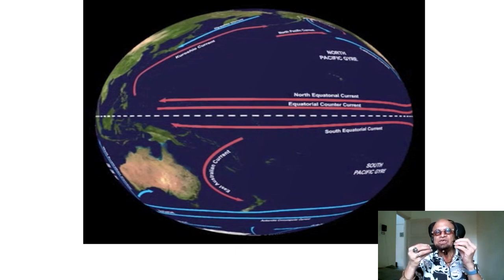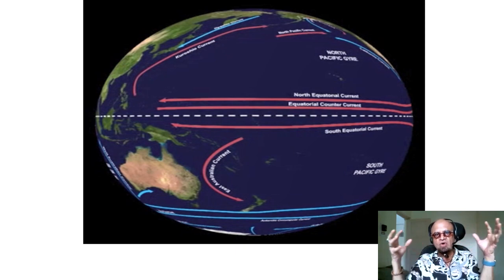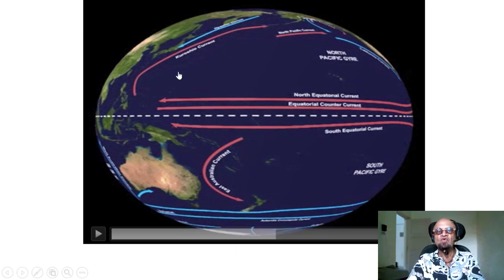Phytoplankton is an algae in the ocean that photosynthesizes with light, and zooplankton is something that eats the phytoplankton, and then small fish eat the zooplankton, bigger fish eat small fish, and so on, and you have a whole food web or a food chain in the ocean.